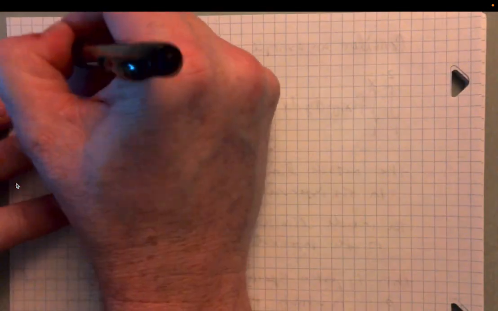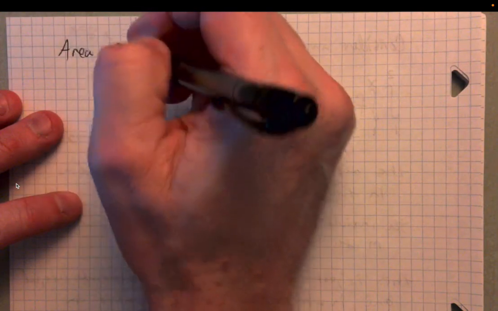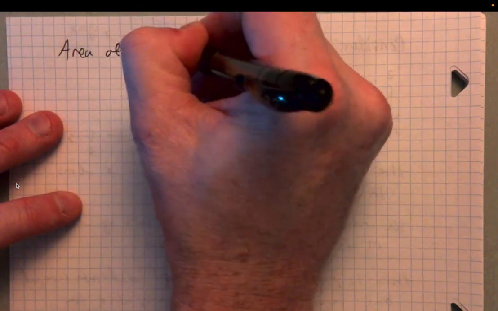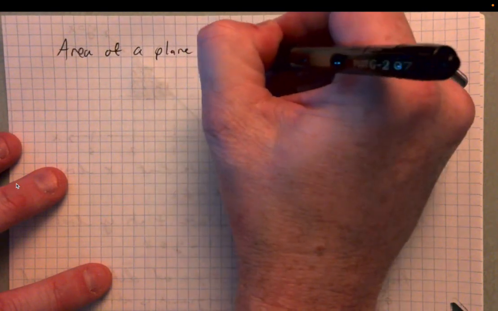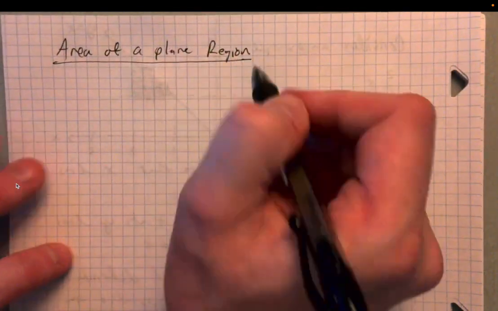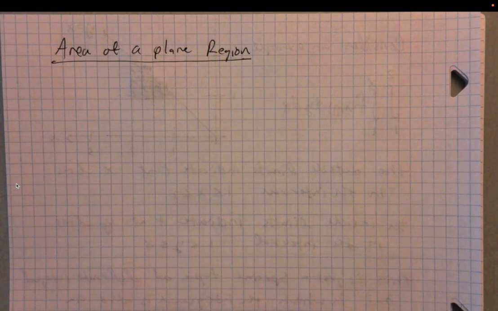So let's do some more examples. Well, before we do an example, let's talk just a little bit more about how this ties in with the definite integrals we've seen previously. Previously we talked about area of a plane region. Obviously, we discussed a lot of this in Calculus 2, using the integral calculus.